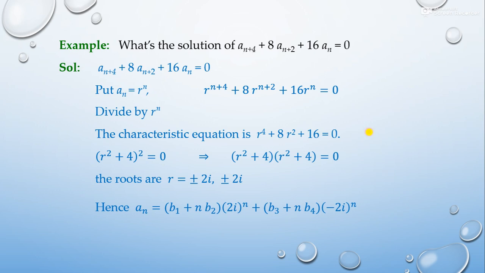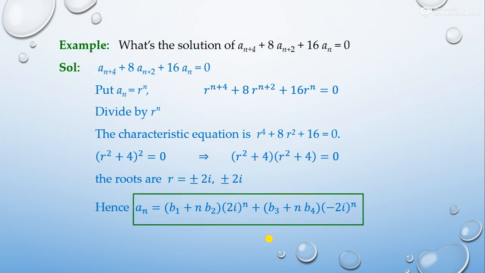I think all these types of roots I discussed here. So if you have these types of roots, you can find the solution in terms of this. So this is the required solution of this given recurrence relation.